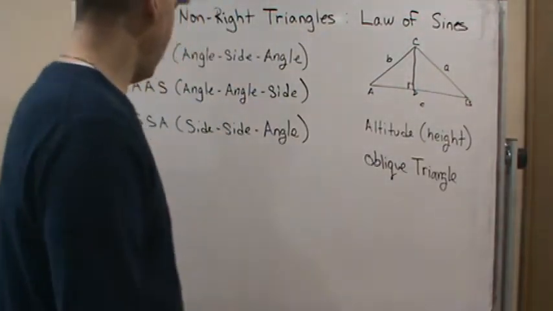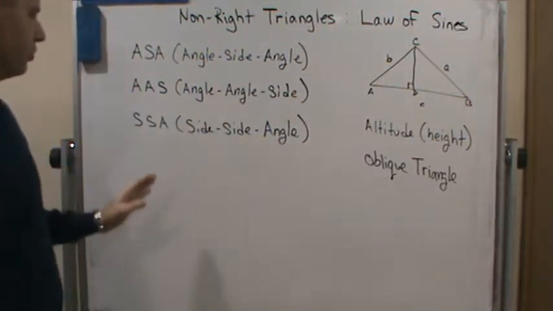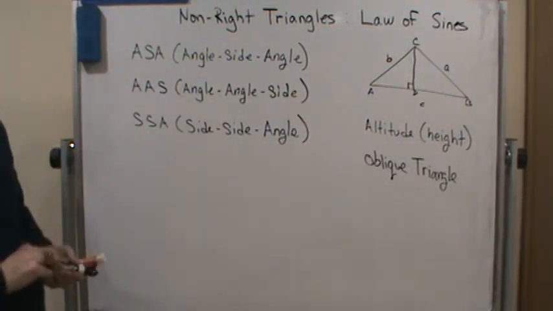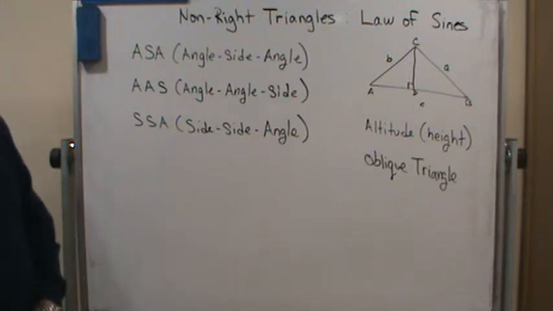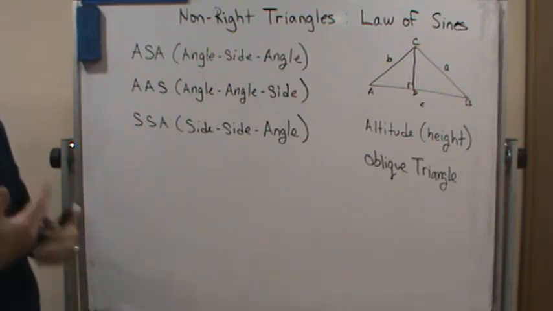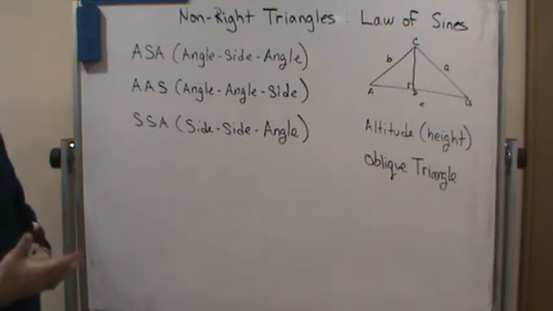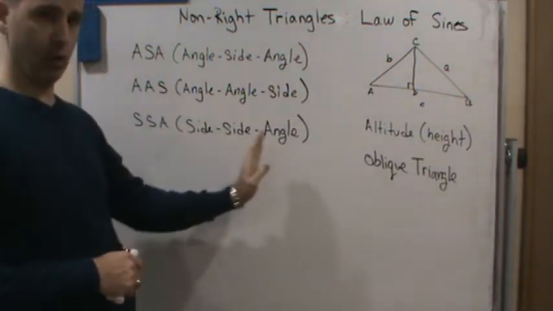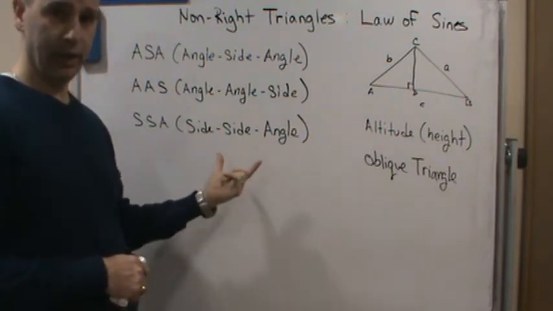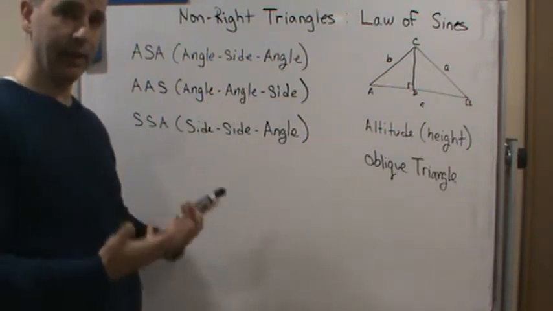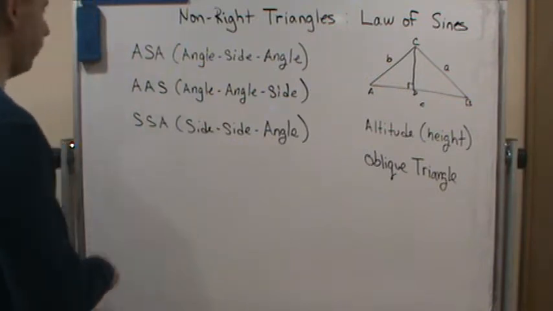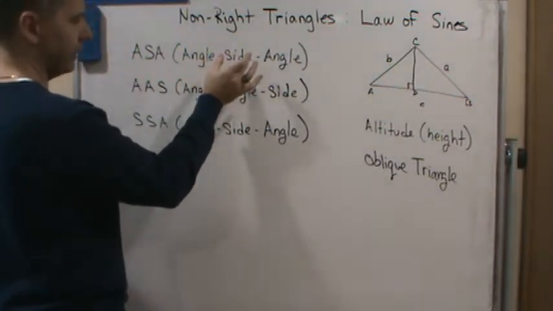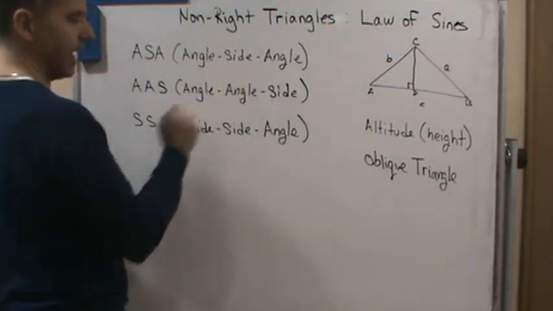Before we get to that, let me introduce you to the three basic types of situations we're going to run across when dealing with oblique triangles. Knowing how to approach each one will be very helpful. First, angle, side, angle: we know two angles and the side between them.